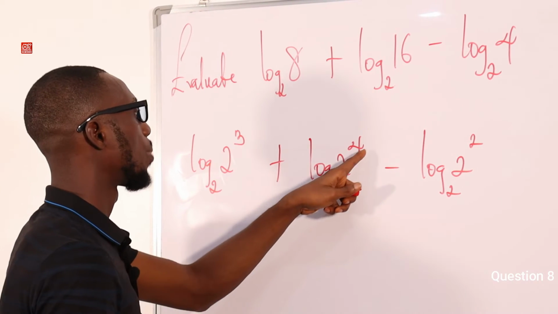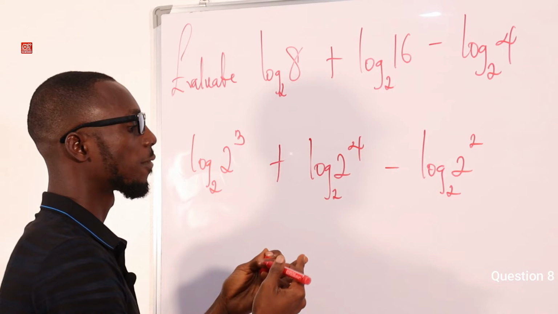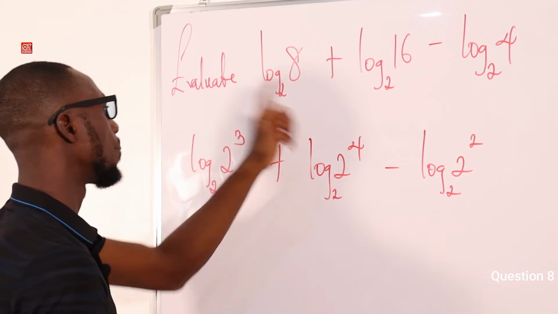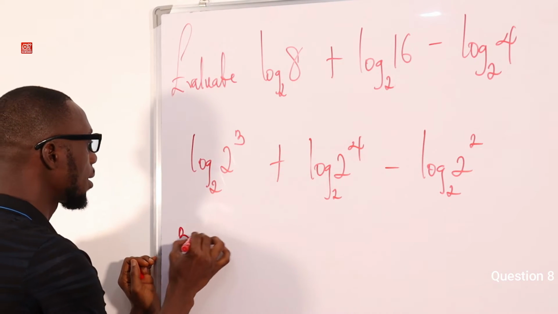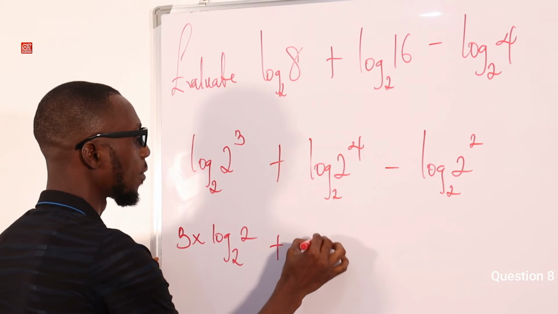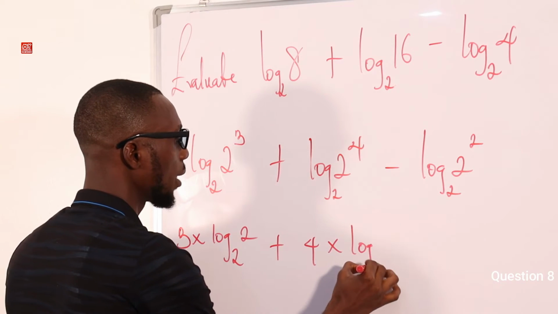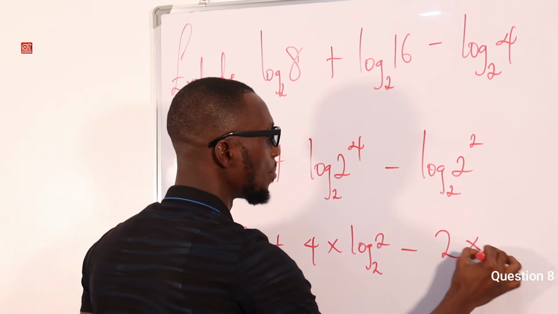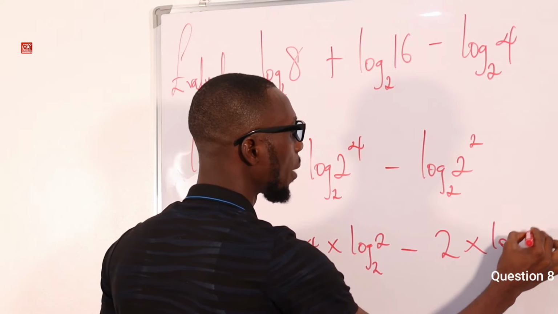Okay, 2 raised to power 4, that is 2 times 2, 4 times 2, 8 times 2, 16. Okay, so the power comes in front, so I have 3 times log base 2 of 2 plus 4 times log base 2 of 2 minus 2 times log base 2 of 2.